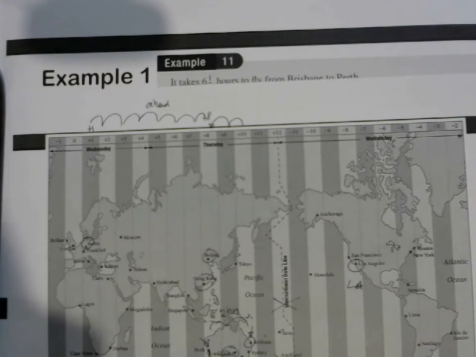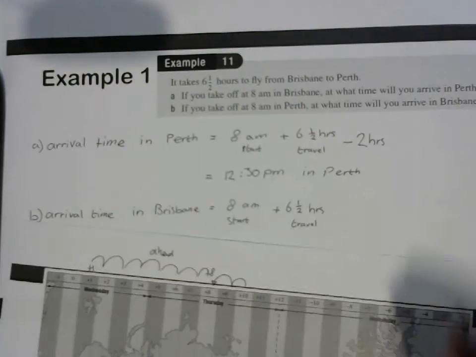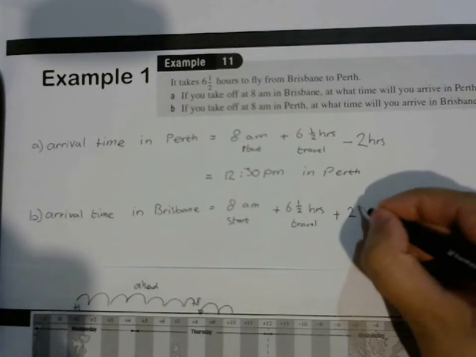But this time, we're moving up time zones. So we need to add these 2 hours that Brisbane is ahead of Perth. So we're going to add 2 hours.